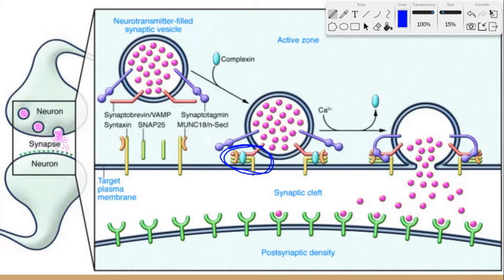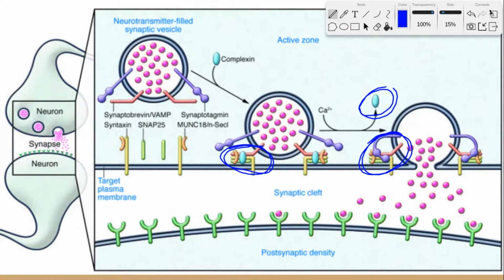Removing complexin requires two things. It requires calcium and calcium-bound synaptotagmin. Once complexin has been ejected, synaptotagmin is able to come in there and activate the SNARE complex.